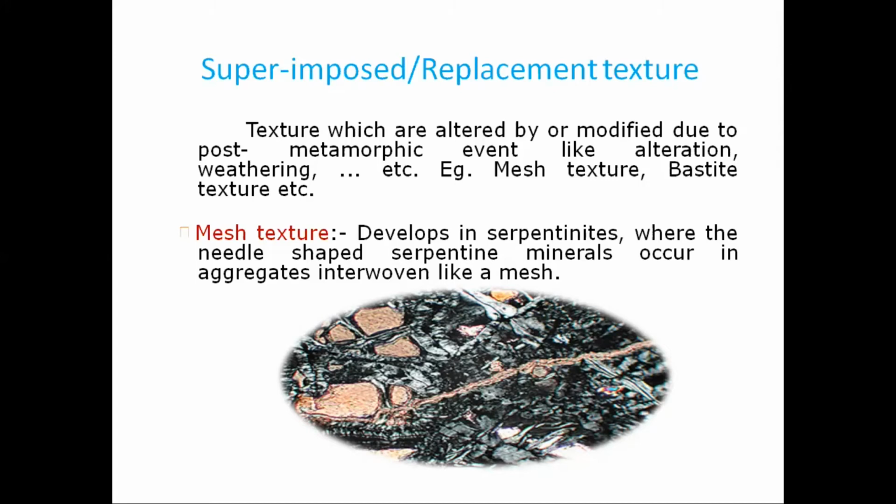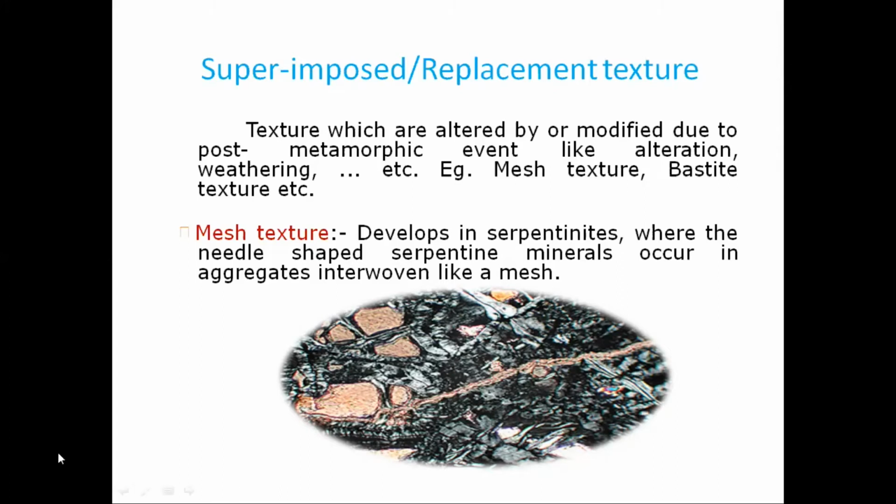Examples of this type of texture are mesh texture and bastite texture. Mesh texture develops in serpentinites, where needle-shaped serpentine minerals occur in aggregates interwoven like a mesh.